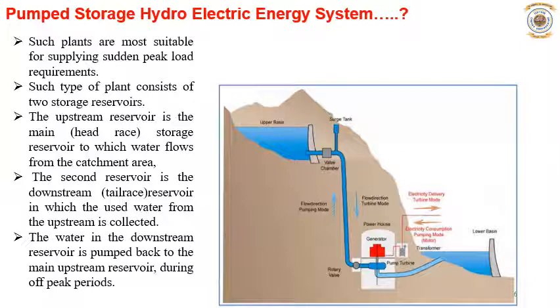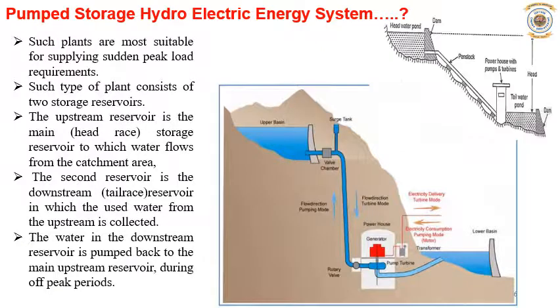Of course, the energy available from the quantity of water pumped by the plant is less than the energy input during pumping operations. Again, while using pumped water, the power available is reduced on account of losses.